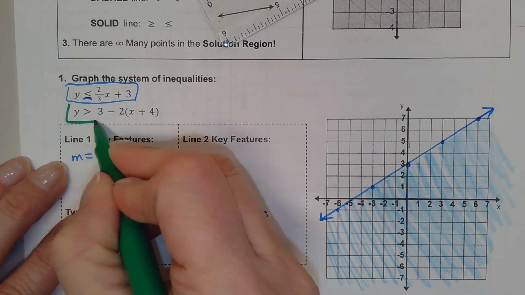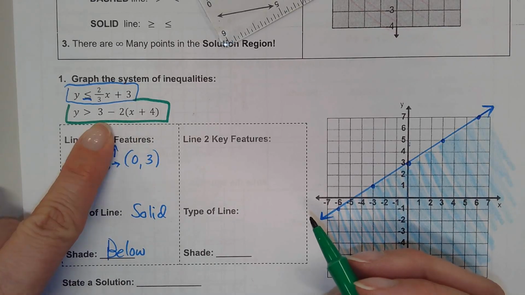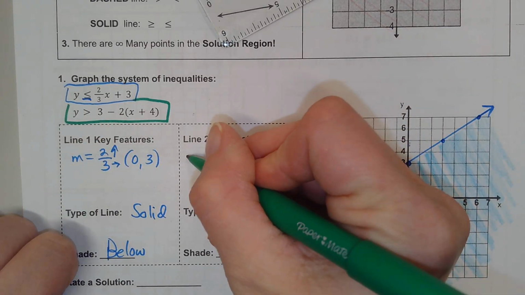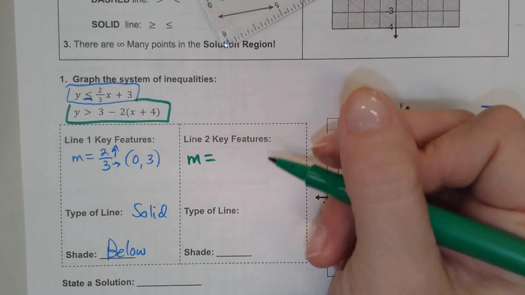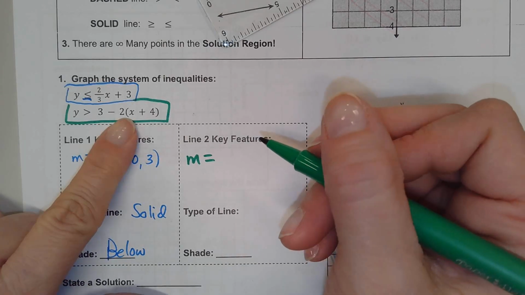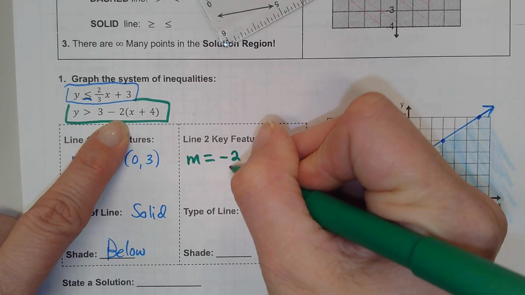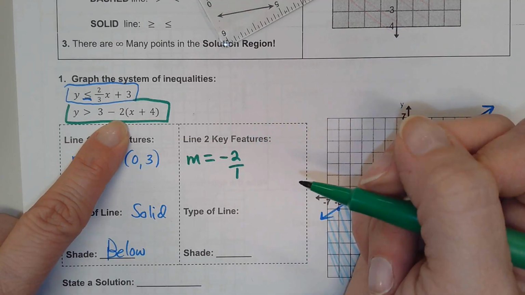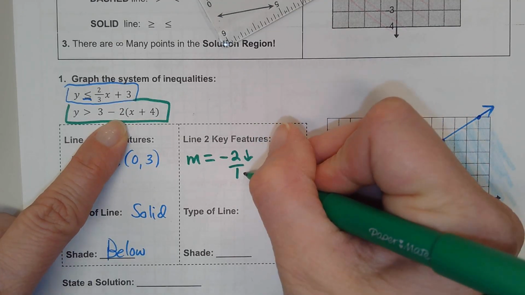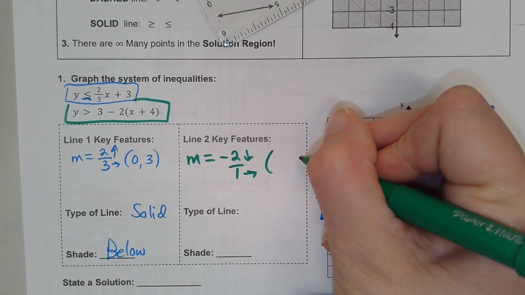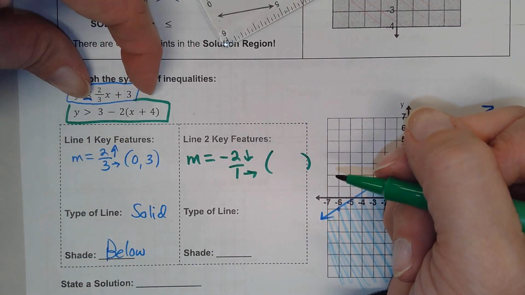The second inequality right here is point-slope form. So what's the slope of this line? The slope is always in front of x, -2. I'm going to say over 1, so I can do my graph down 2 over 1. And then the special point has two numbers.